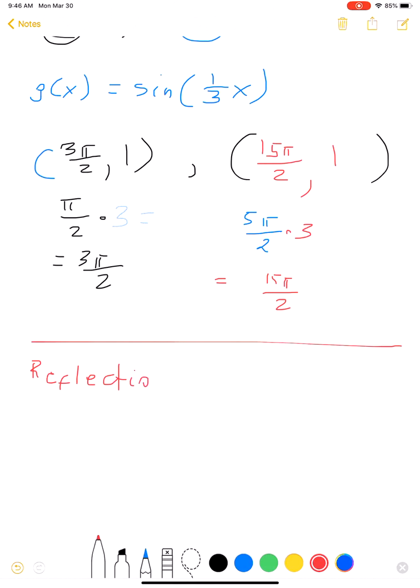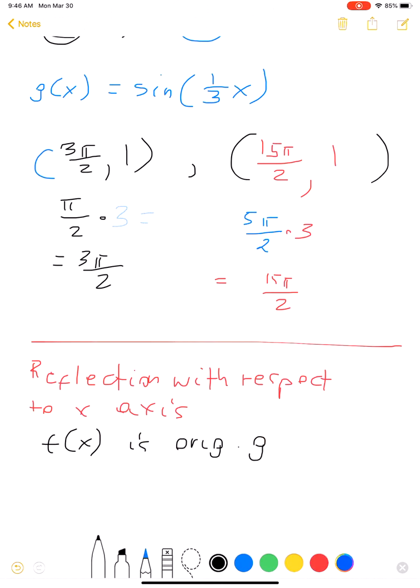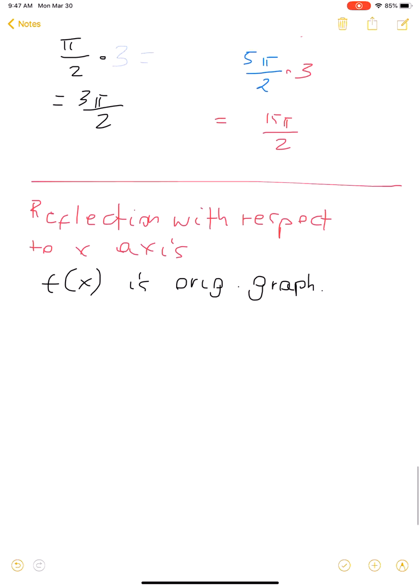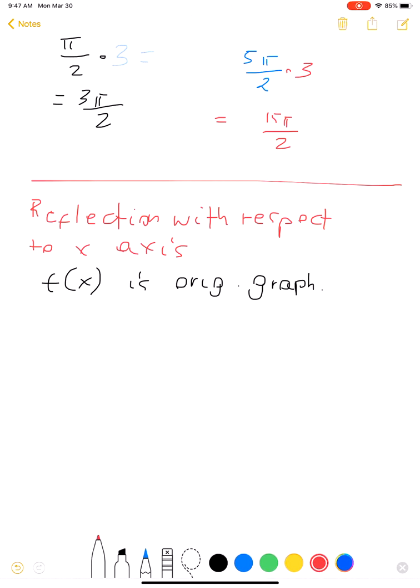Reflection with respect to the x-axis. So f of x is the original graph, and if you have reflection with respect to the x-axis, g of x will be equal to negative 1 times the original function.